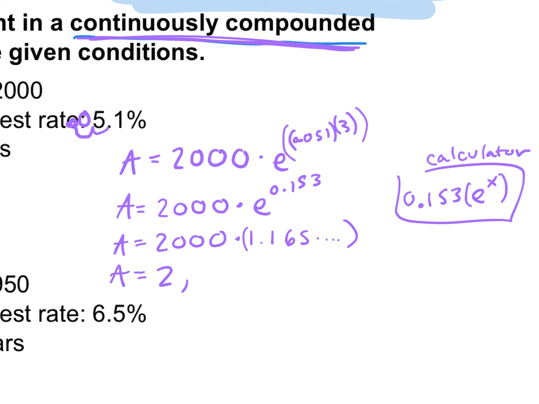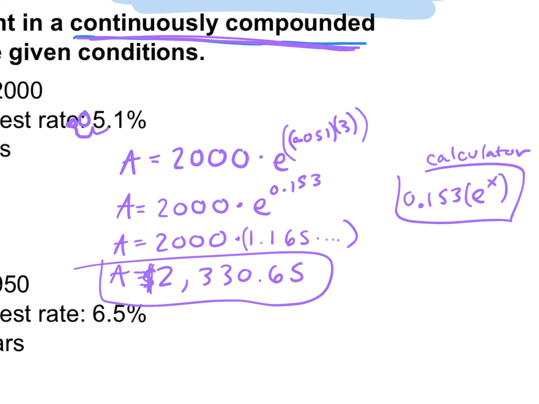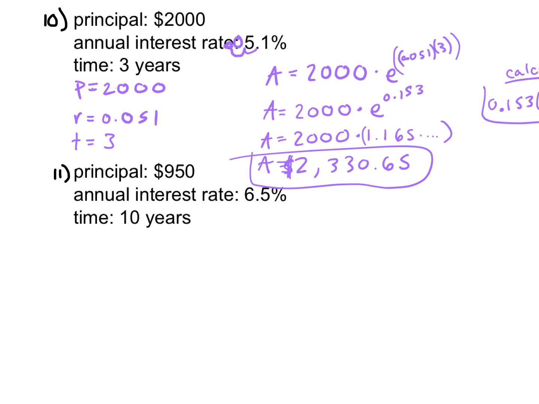We get 2,330.65. We're dealing with money, so we can put a little dollar sign up there. Any questions? All right, let's take a look at 11.